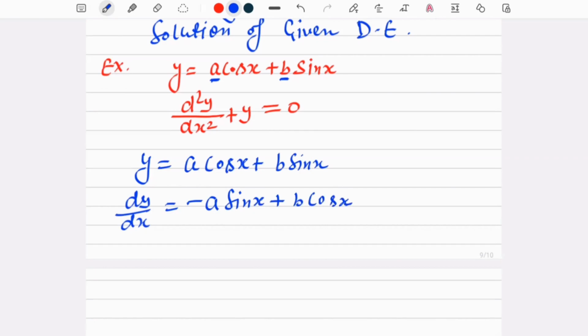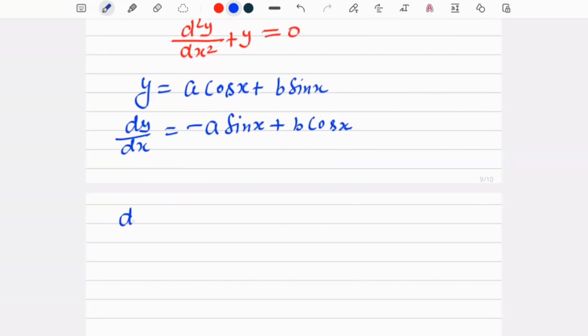And then we differentiate it again, so it will be minus a cos x minus b sin x. Are you looking into the book? No, sir.